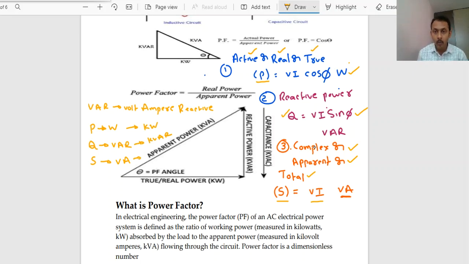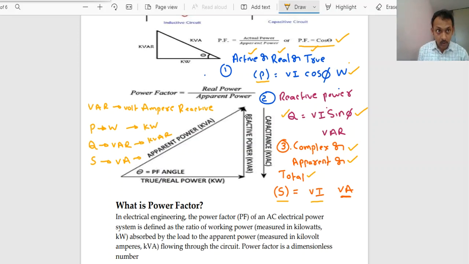Right? Now with respect to the angle, with respect to the power factor, simply VI cos phi divided by VI will give us the power factor cos phi. So dear students, it is simply the ratio of actual power to the apparent power. Two definitions we have covered with respect to the power factor.